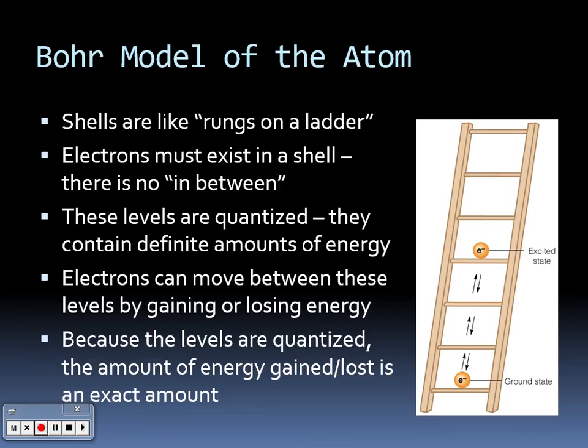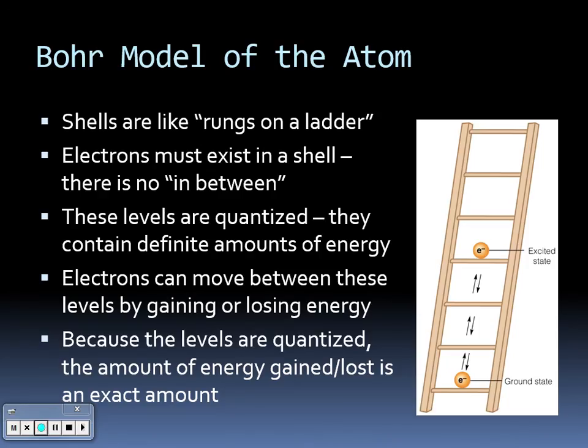Is it possible to move 2 steps at a time? Yeah, you can if you take a bigger step. Same thing is true of these electrons. They can jump 2 or 3 or 4 levels at a time if they gain enough energy to do it. Same thing is true about coming back down. They can fall from step 7 to step 4 if that's the amount of energy that they lose in doing so. Understanding Bohr's model, are we okay with that?